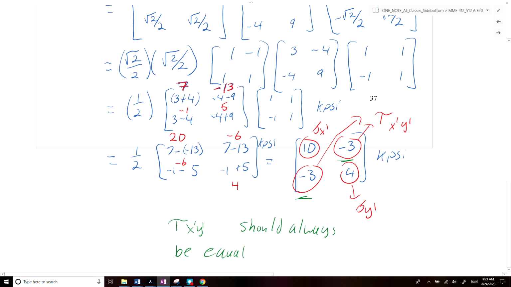If they're not equal, then you made an error. So that concludes this problem on stress transformations in 2 dimensions using matrices. And if you want, you can check the work using the algebraic equations as well.